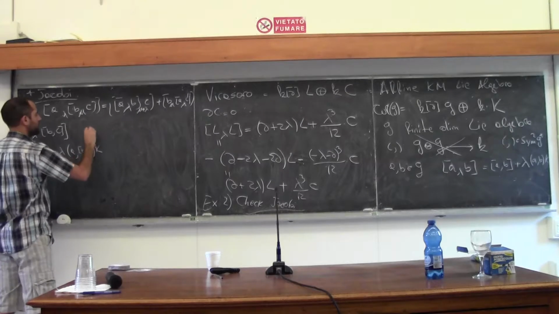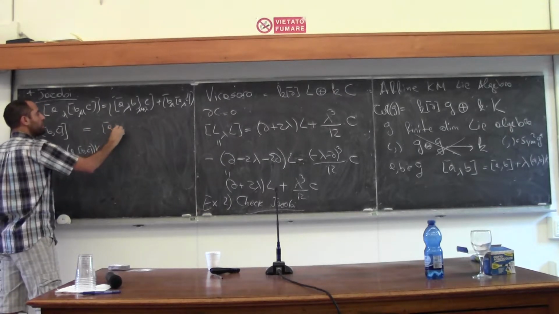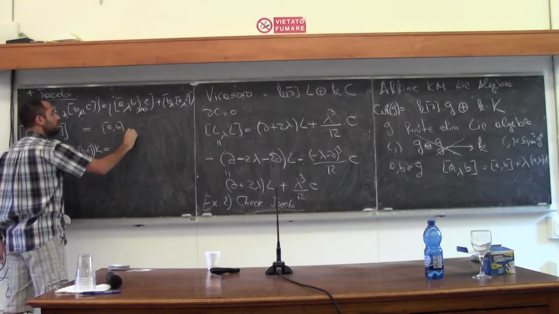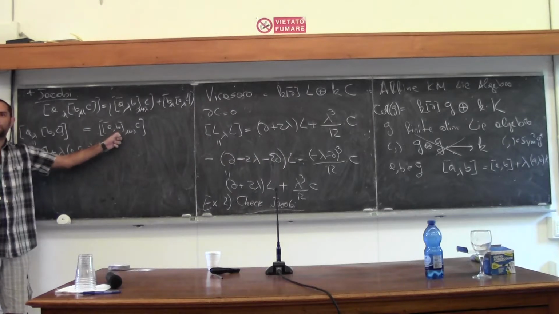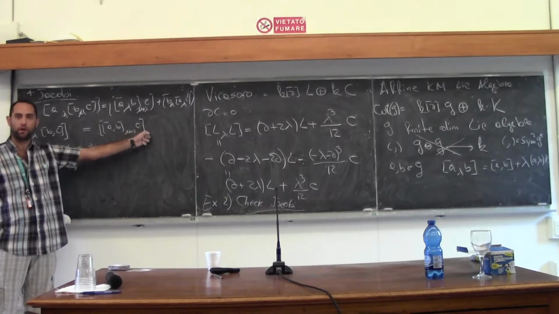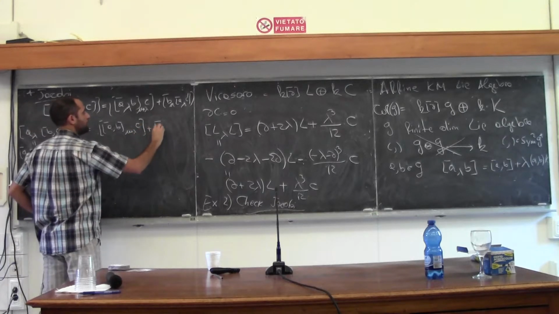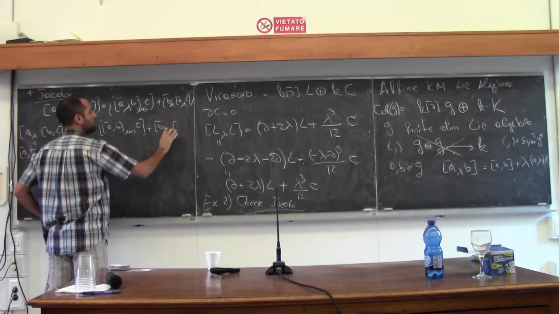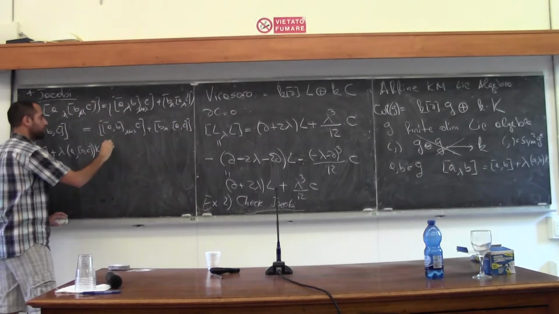So let's look at the other side. It should be equal to A comma B mu plus lambda C. Again, the lambda term here is irrelevant because it's central. When I commute it with C, it's going to be 0. Plus B mu A comma C. So let's write both of those terms here.